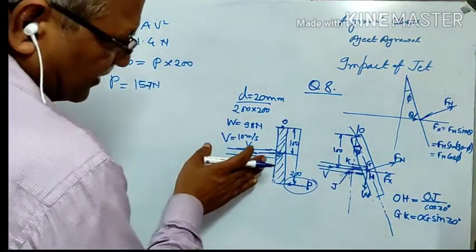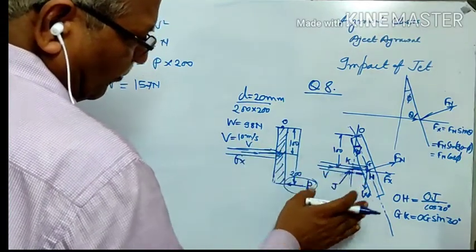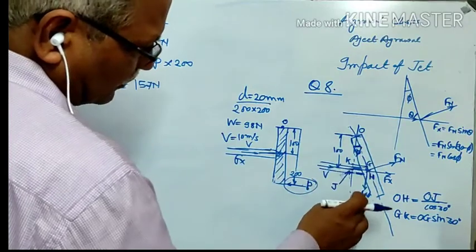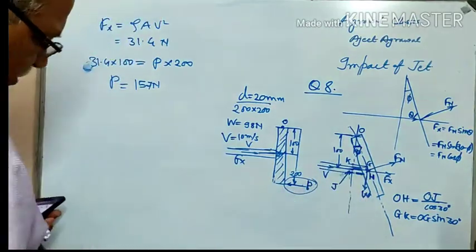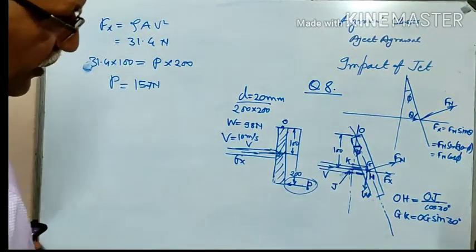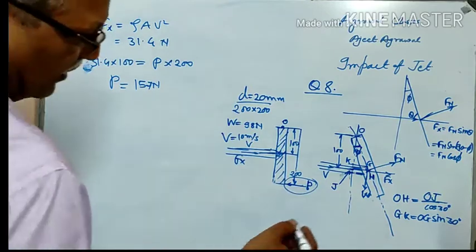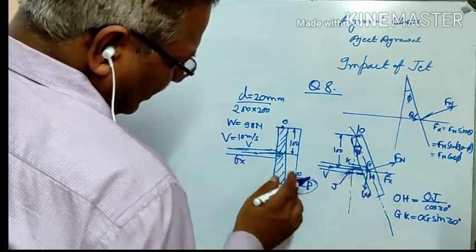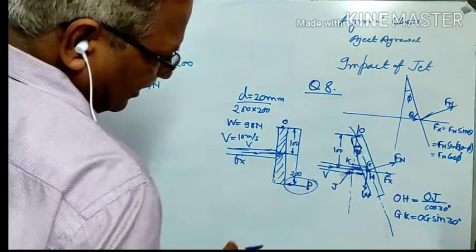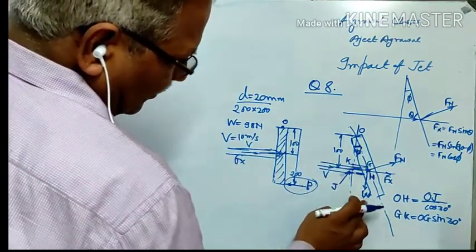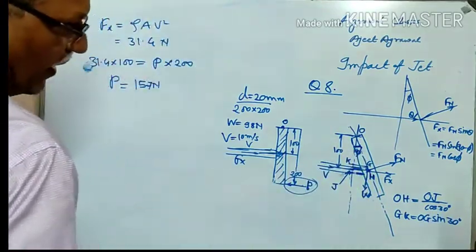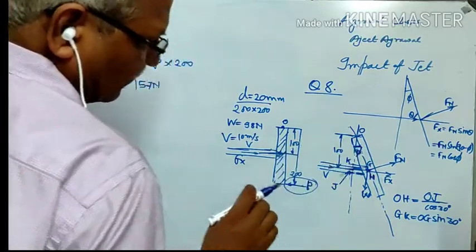That is, the moment exerted by the jet force will be equal to the moment exerted by the weight of the plate. Let us consider Fn as the force perpendicular to the plate because of the jet, and the weight of the body acting through the center of gravity, and this angle is phi, which we have to calculate.